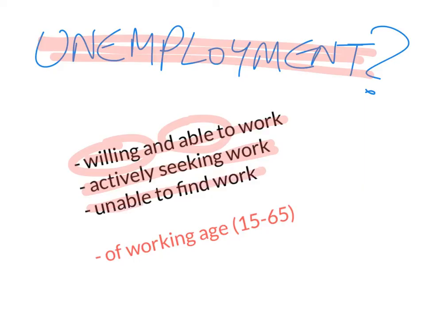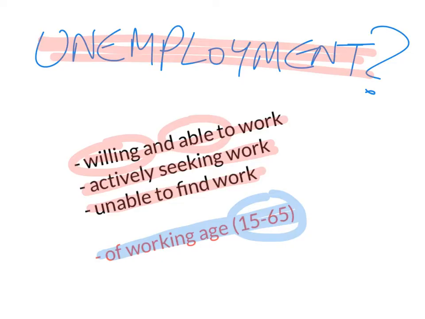So someone that wants to work, is able to work, is looking for a job, but is unable to find work. However, they must also be of working age. Now, this differs from one country to another, but generally it's between 15 and 65. So 15 is when you enter the workforce, 65 is when you retire.